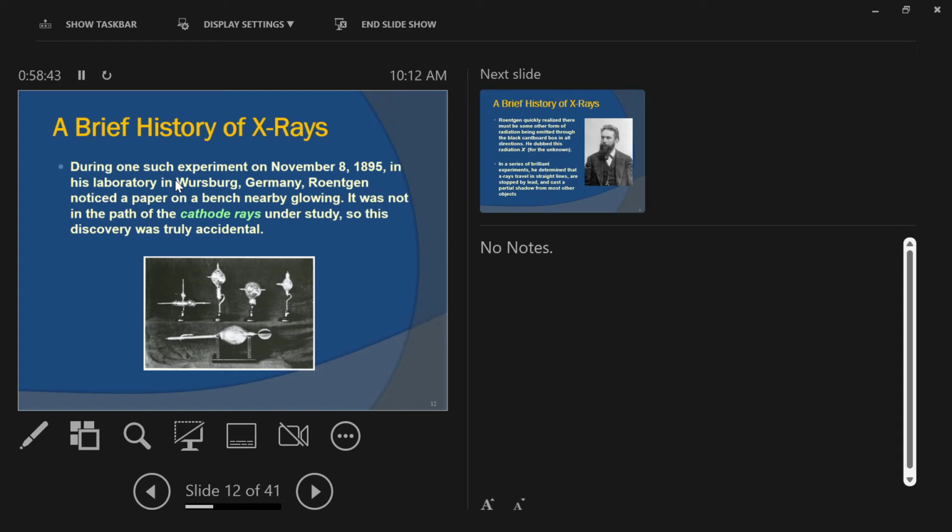What he has discovered is that he has created a beam, a type of light that can, and I'll just kind of give it away, travel through the material, travel through the black cardboard, right? We couldn't see it going through the black cardboard, but it was affecting this material over here. He discovered a new ray, a new type of beam, a new type of light.